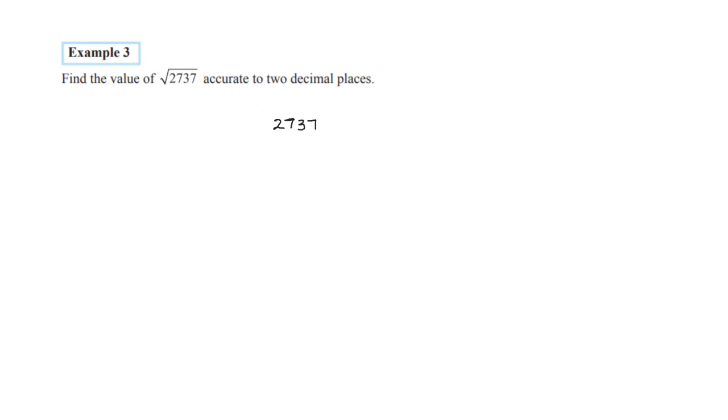Here 2737 divided by. To find the answer to 3 decimal places, we have to add 3 pair of zeros here. I pair these numbers here right to left, these numbers left to right.